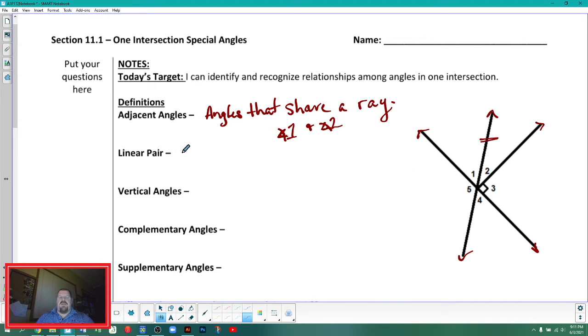A linear pair would be two angles, and I'm actually going to add in there adjacent angles, that form a line.